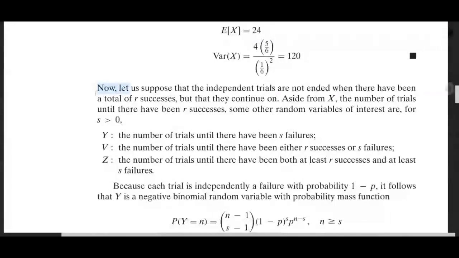Now let's read this. Now let us suppose that the independent trials are not ended when there have been a total of r successes, but that they continue on.